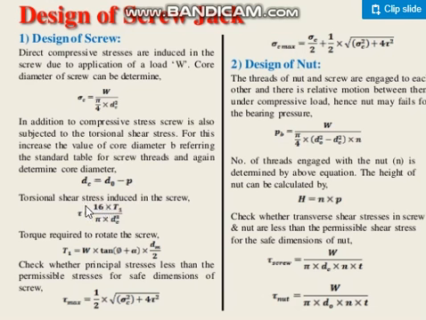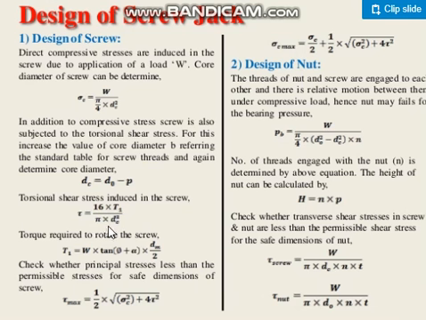Now, what is the torsional shear stress induced? We know T is equal to pi by 16 into tau into d cube. From that only this formula came: tau is equal to 16 T1 upon pi dc cube.